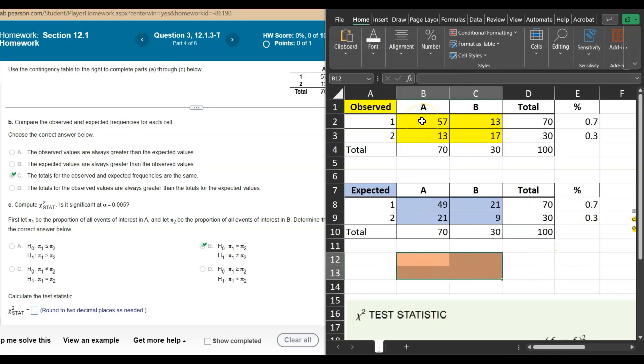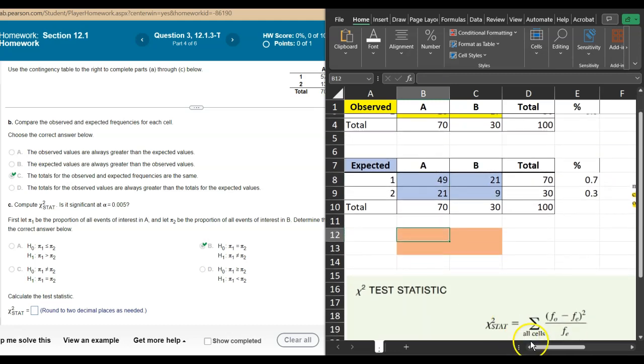For example, the upper right cell, 57, is going to be the observed frequency, and the upper right cell for the expected value, which is 49, is going to be the expected frequency. And here you're going to do the calculation, which is this formula: F0 minus Fe, squared, divided by Fe.